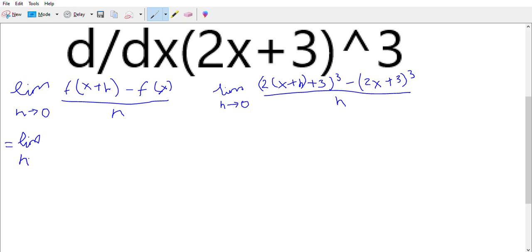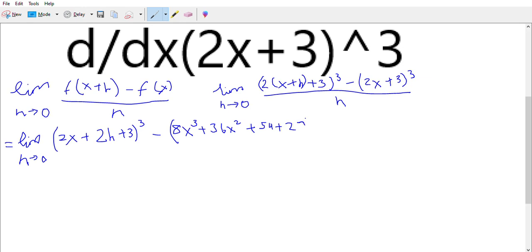So the limit as h approaches 0 of 2x plus 2h plus 3 cubed minus, so this is basically 8x cubed plus 36x squared plus 54x plus 27.